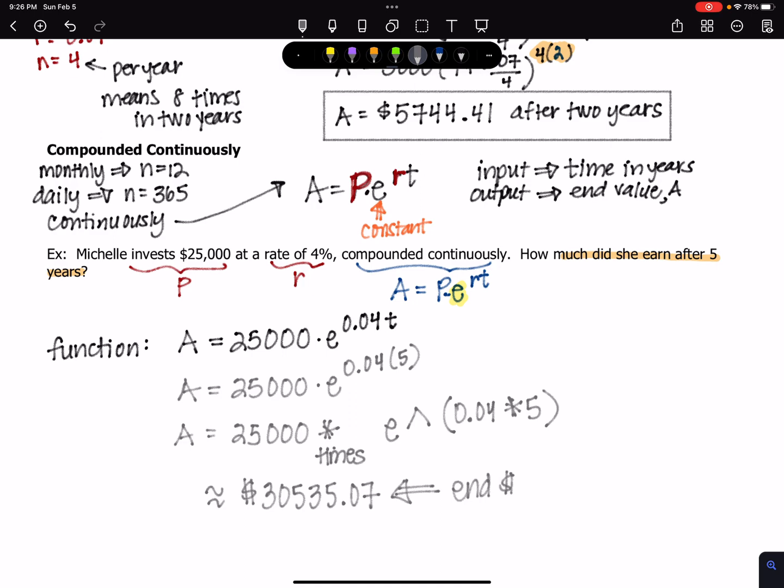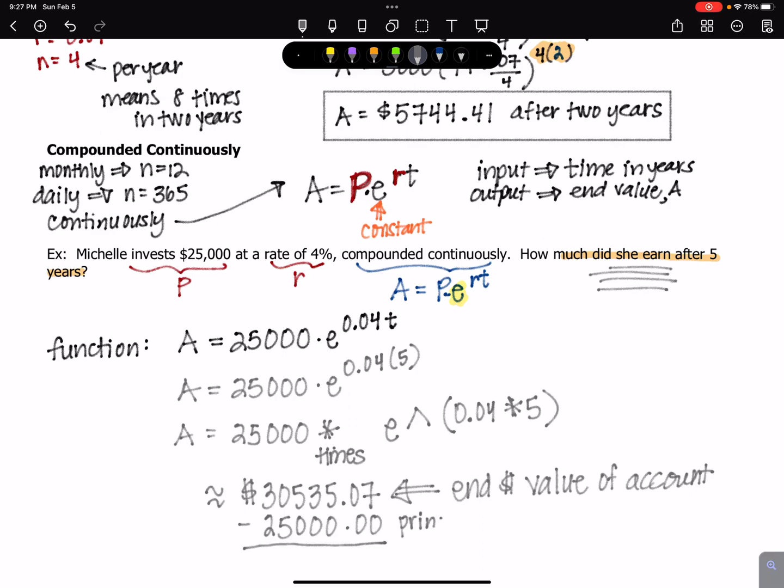Now that's the end dollar amount, right? So that's the end dollar value of the account after 5 years. It says how much did she earn? Well, if she initially put in the $25,000, you'd have to subtract out that principal value because she didn't earn the principal.